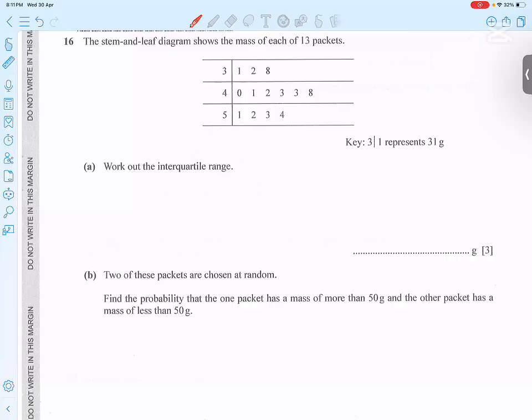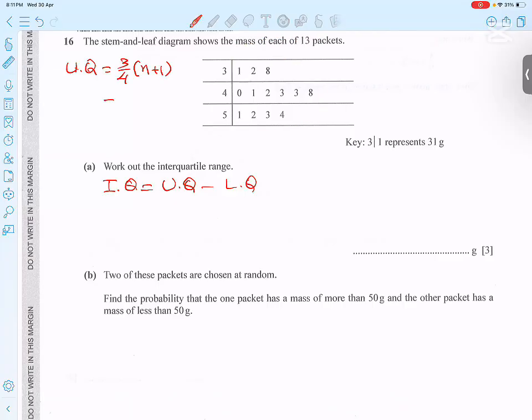What is interquartile range, students? First of all, I will find out: the interquartile range is the upper quartile minus the lower quartile. But how to find the upper quartile? The upper quartile is 3/4 of (n plus 1). This n, from where does it come? You count all these numbers, not add, counting.